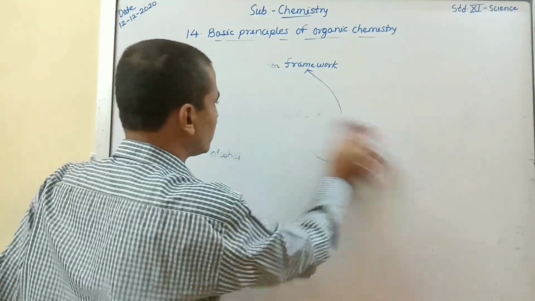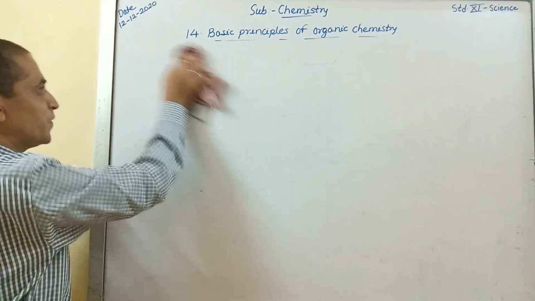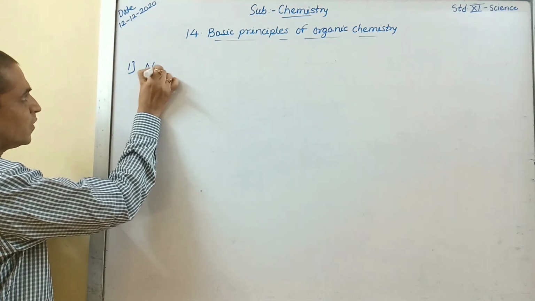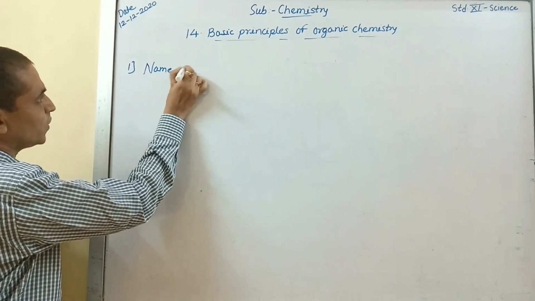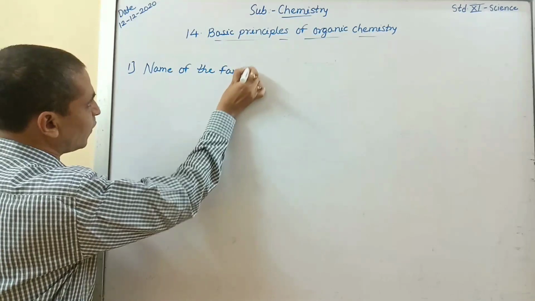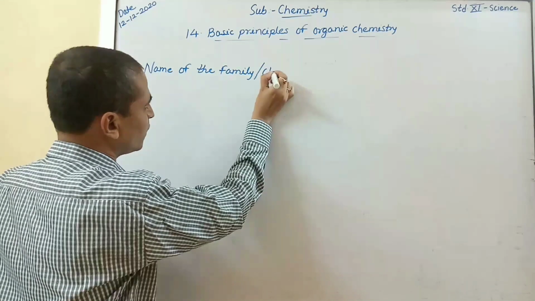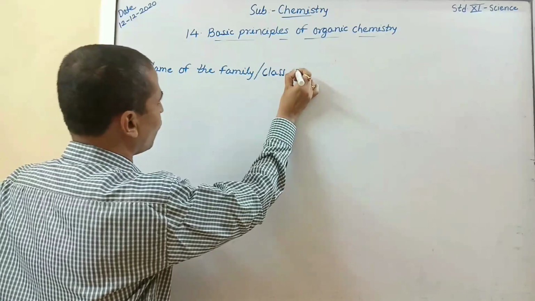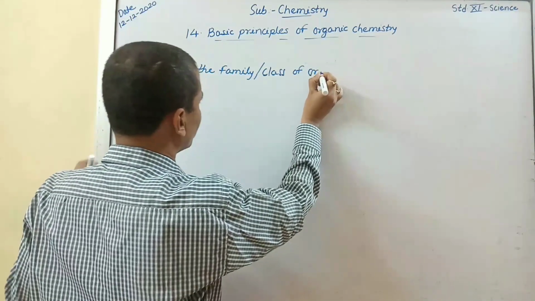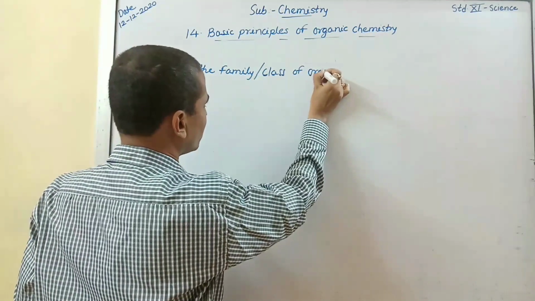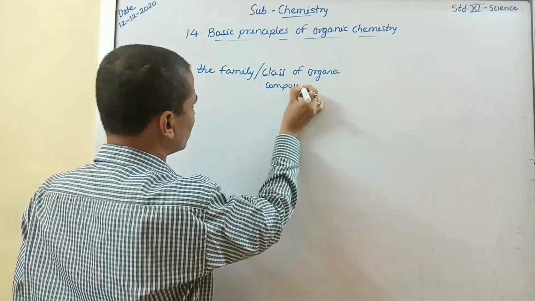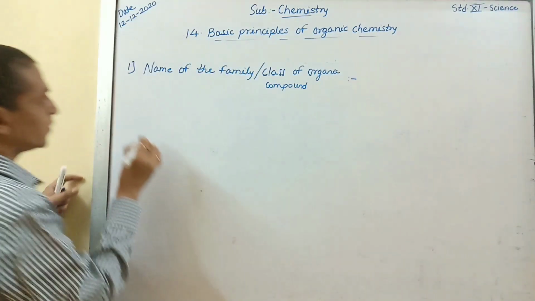Now we will study classification on the basis of functional group. So first, a class of organic compound is also called a family. So I am writing here the name of the family, or we can write class of organic compound. This is the first point.